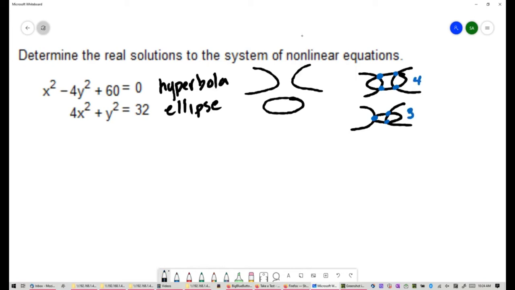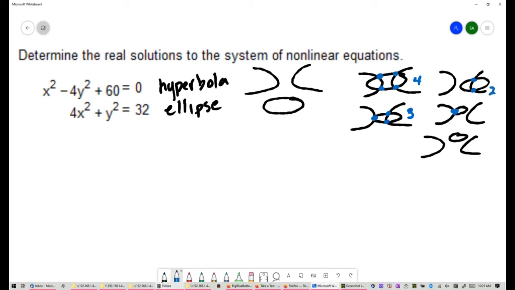We could make it so that we have just 2 solutions, 2 intersection points. We could draw it so that we just have 1 solution just touching. And we could make it so that there is no intersection point. So as we solve this system, we might have 4 solutions all the way down to no solution.